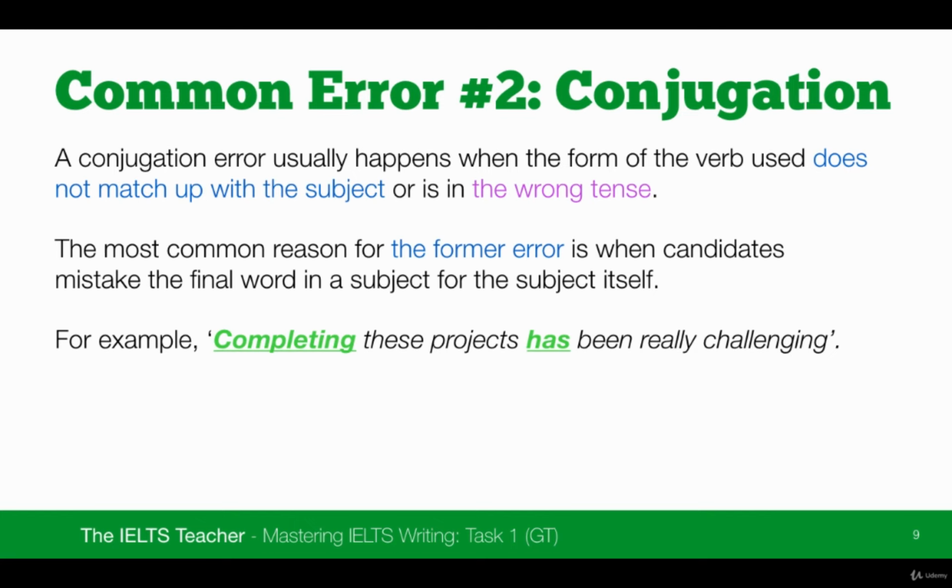So you've got that gerund there to start things off. Because it's singular, it should be has and not have. So particularly when you start sentences with gerunds, be careful to make sure that you are using the right verb conjugation, but there are other times where the subject is mistaken as well. So do take a moment to think about whether your subject is plural or singular and make sure it is not just based on the last word.